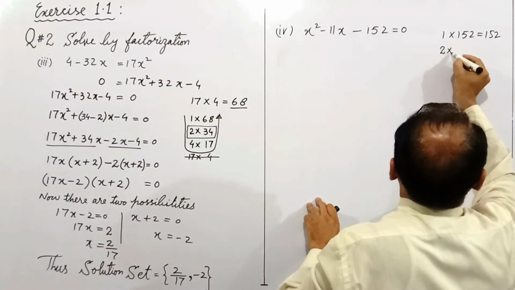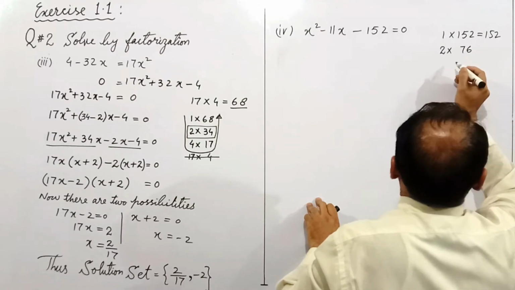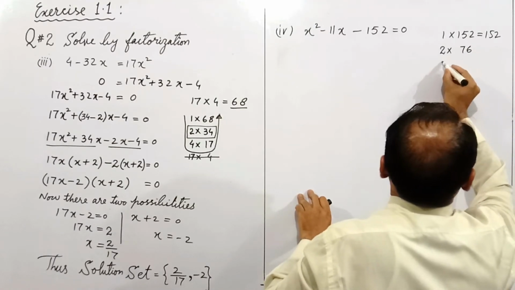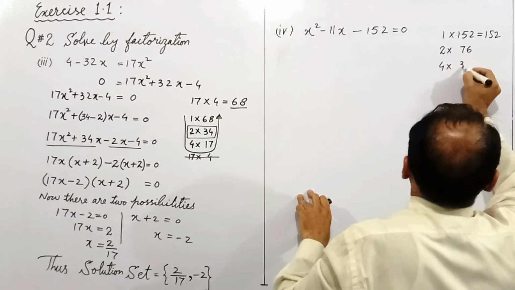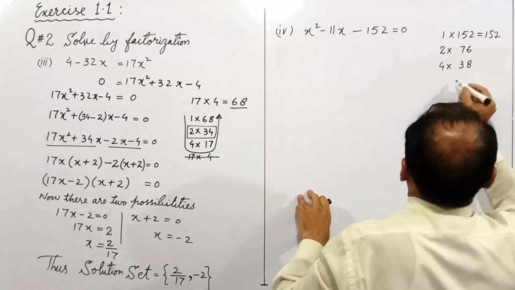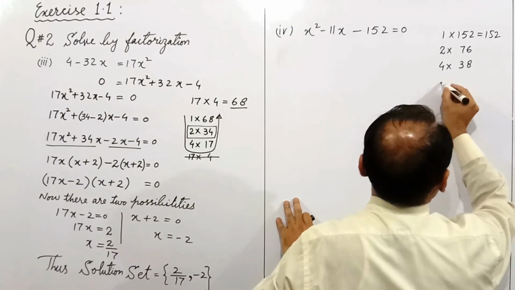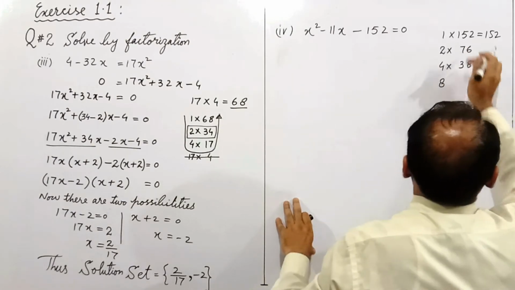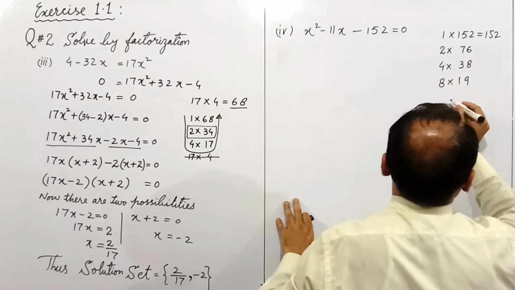We divide by 2, and 2 7s are 14 and 2 6s are. It is not divisible by 3. 4 3s are 12 and 4 8s are 32. It is not divisible by 5, 6, 7, but it is divisible by 8. 8 1s are 8 and 8 9s are 72.